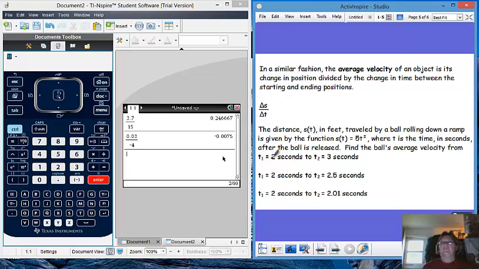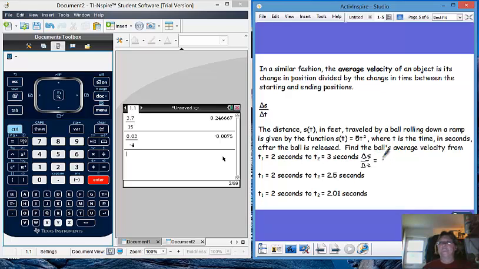Between seconds 2 and 3 is the first choice, so we need to have the change in position over the change in time. And as far as position goes, we get that from the rule. The times that we're interested in are 2 and 3 seconds. So I'm going to go with 2 first, 2 seconds.